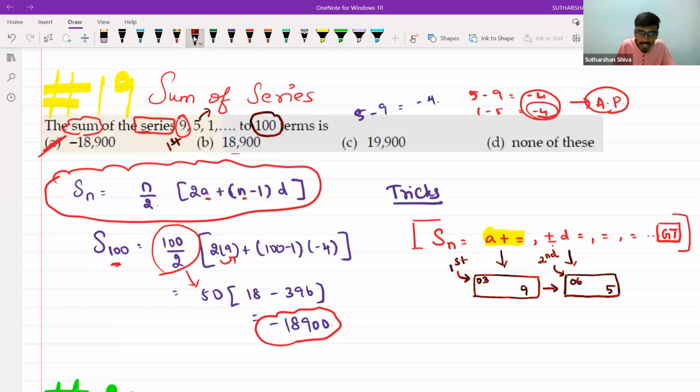For the second term, it shows 6, a difference of plus 4. Correct? Then if it is 100, you need to press up to 104 in your calculator. You need to press equal to 104 times, until the corner comes to 104.